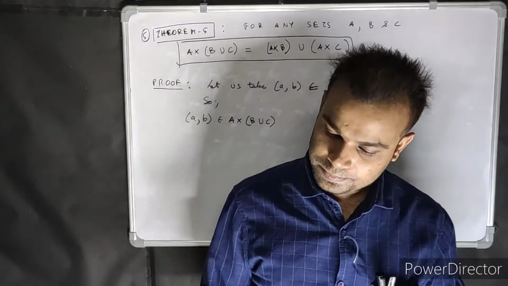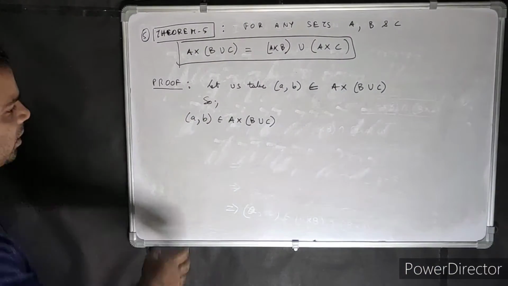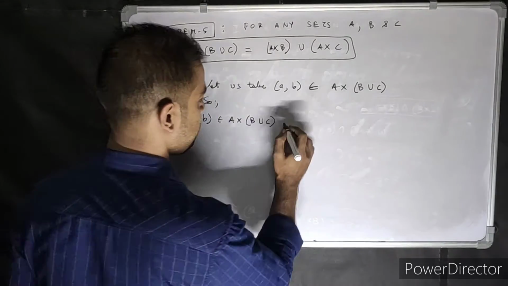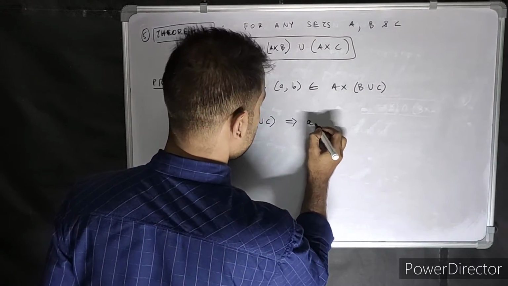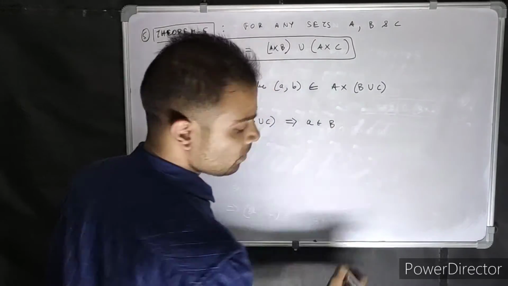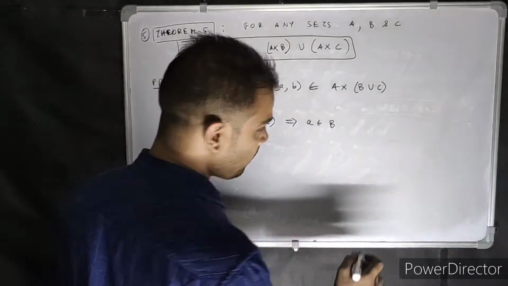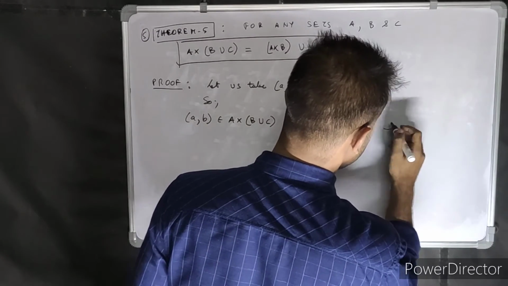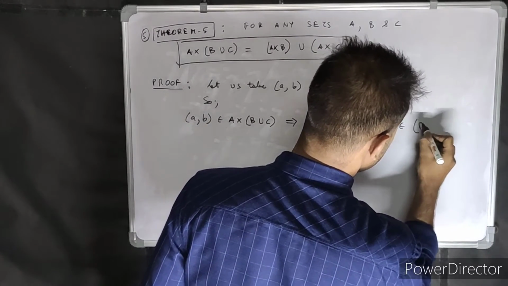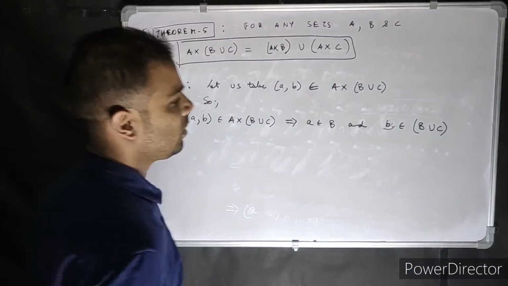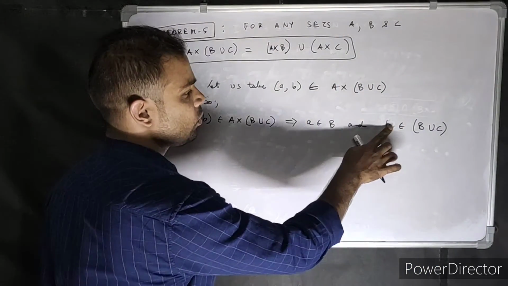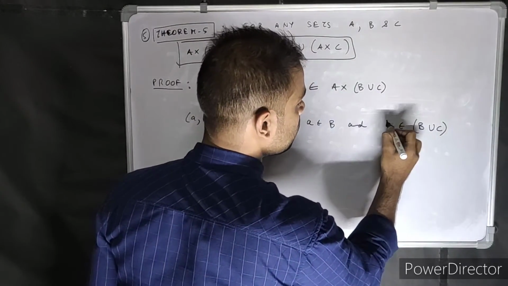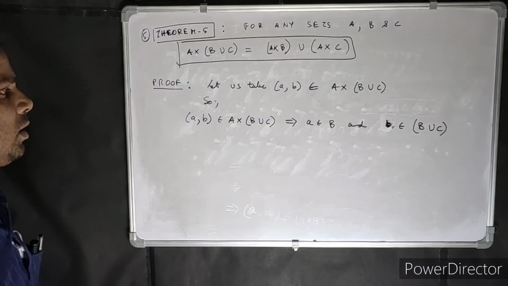Okay, so a comma b belongs to A cross B union C. This means a belongs to A, and the small b belongs to B union C.